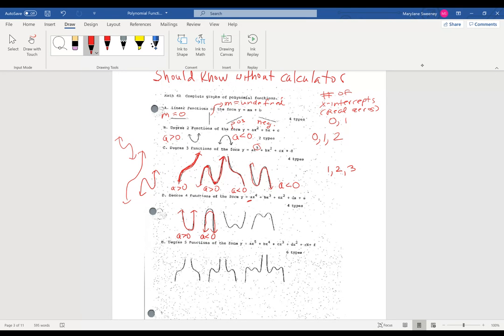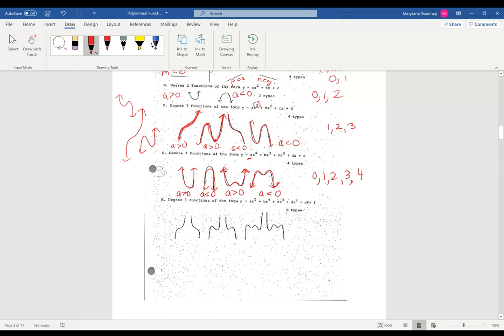Now, if it's a degree 4, it can get more wiggly in the middle because it could hit the x-axis up to 4 times. Again here, though, the ends are up, so that means A has to be positive. When the ends are down, A is negative. This could have 0, 1, 2, 3, or 4 real zeros.